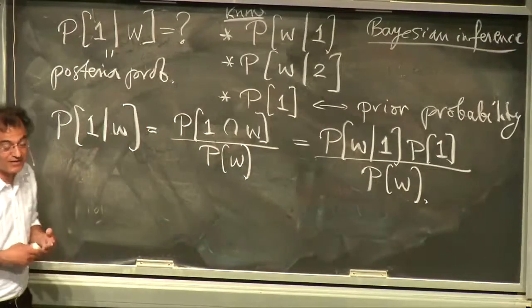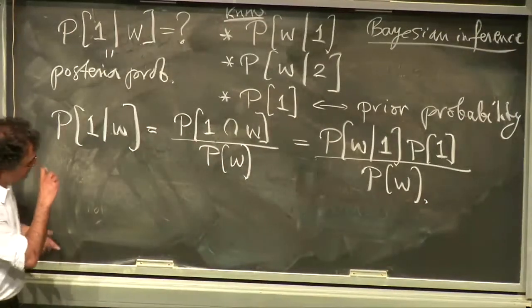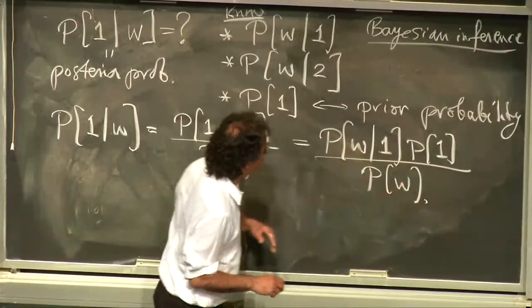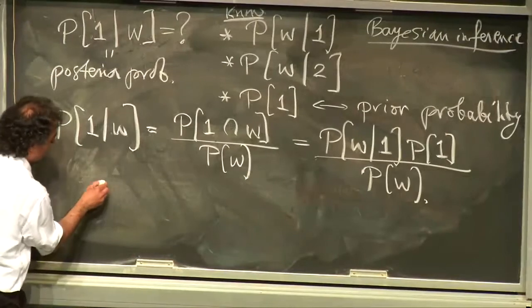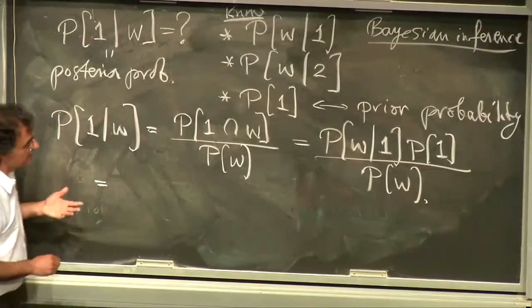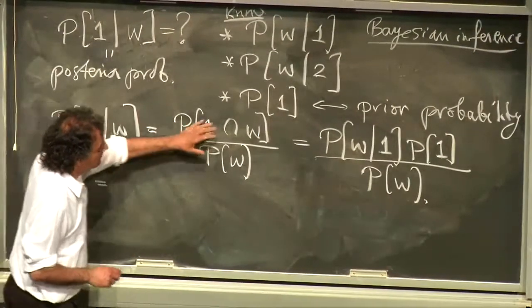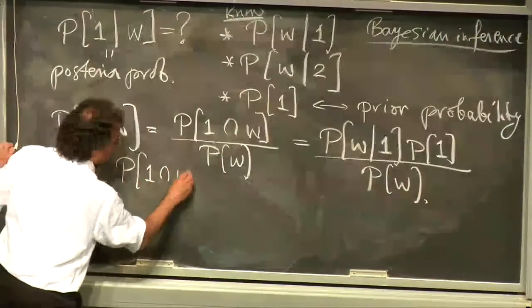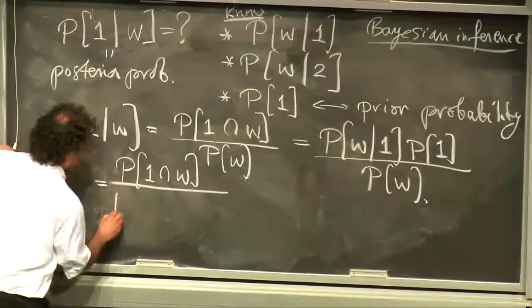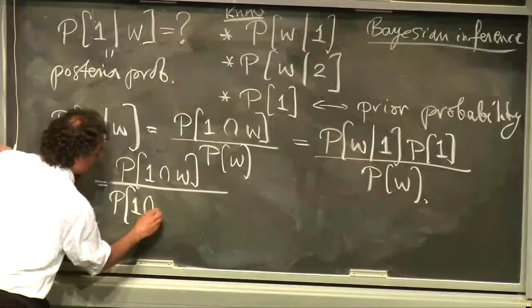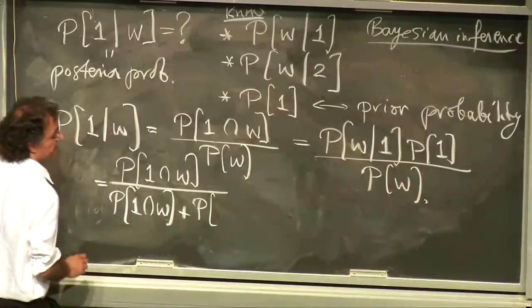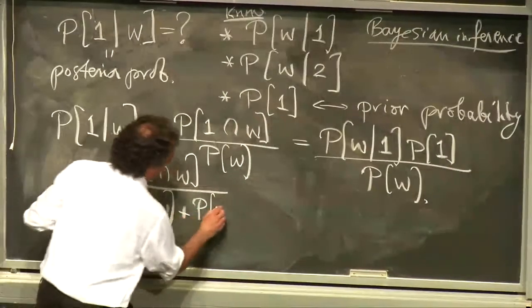Now, this is still not in the form that we wanted. And so we can write it in a slightly different way. We could write this as probability of 1 intersect white divided by probability of 1 intersect white plus probability of 2 intersect white.